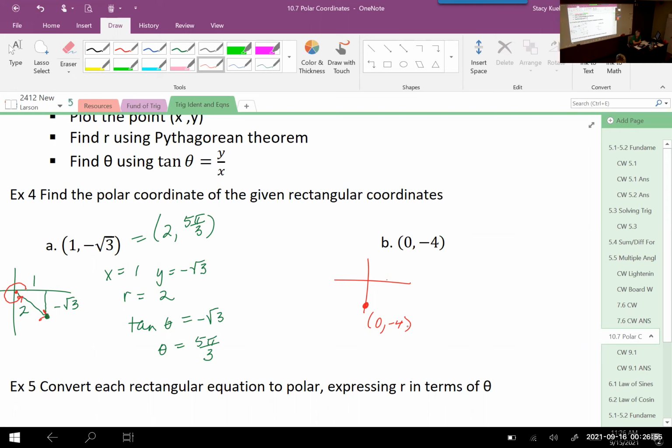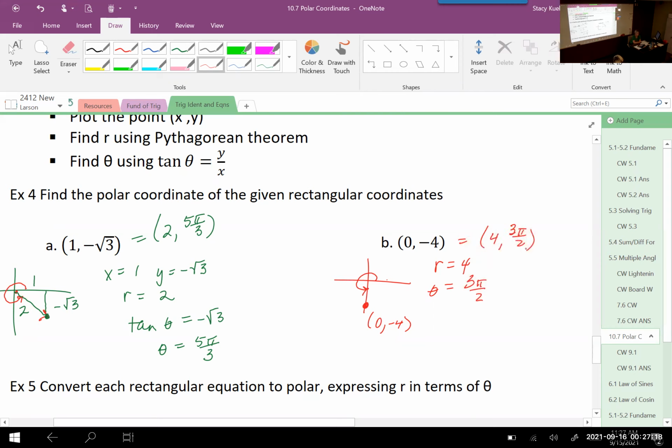What's r? 4, right? That's 4. And what would theta be to rotate around to that spot? 3 pi over 2. So that would be 4, comma, 3 pi over 2.